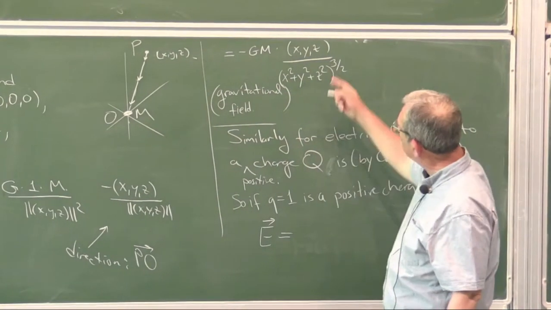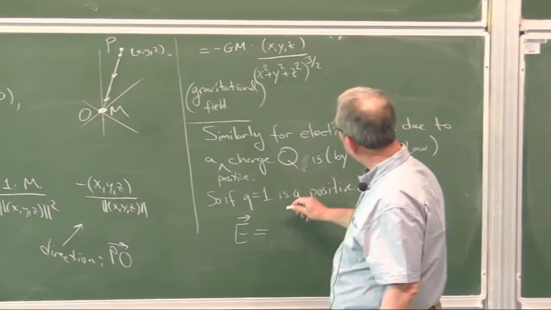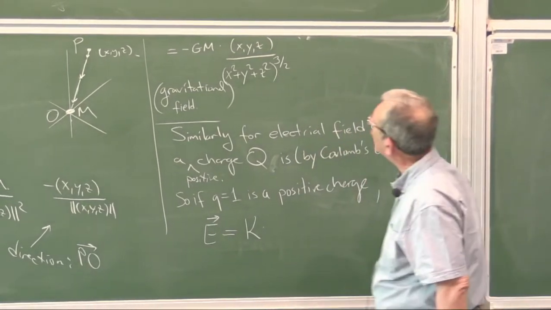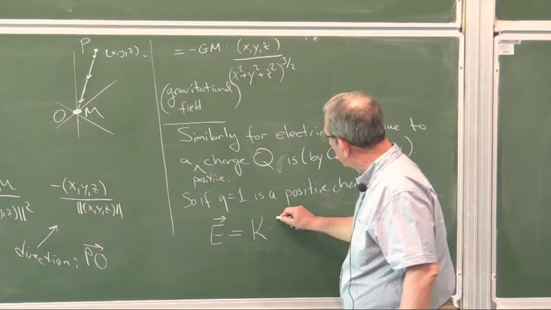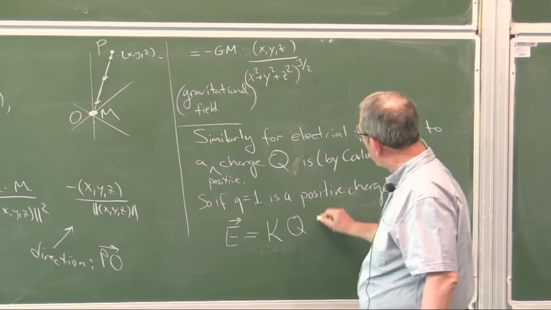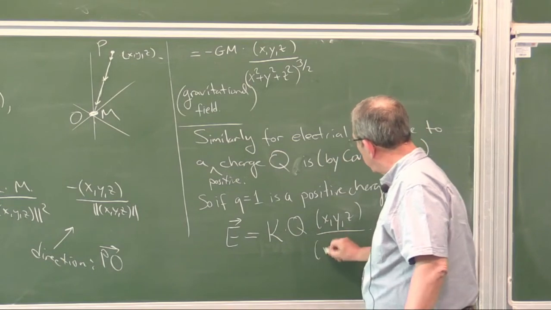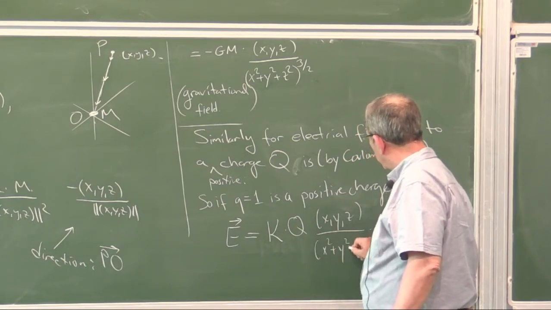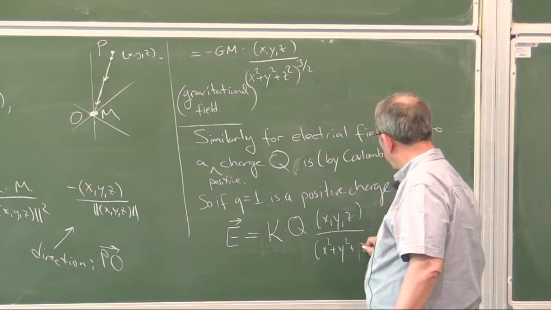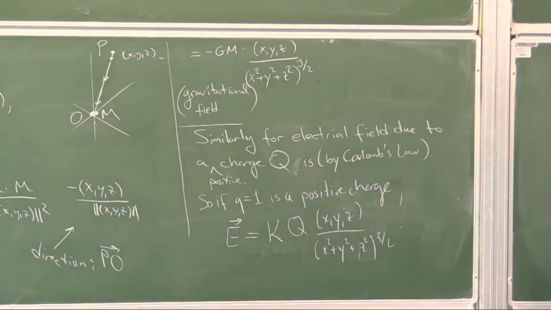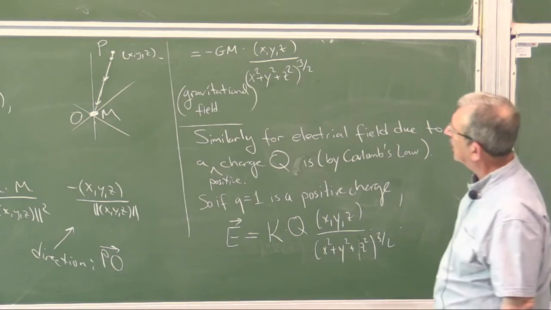So it will be some constant, I'm not worried about those, Q times (x, y, z) divided by the cube of the length.